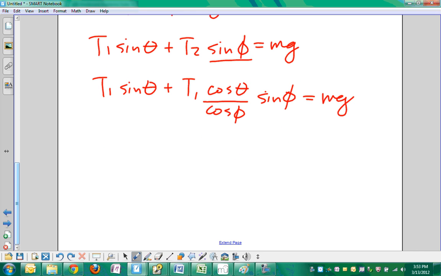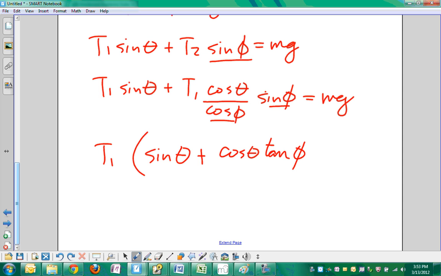Now we can simplify this and say T1 times the quantity sine theta plus cosine theta tan phi, because sine phi over cosine phi is tan phi, equals mg. I just factored out the T1 from each of these two expressions.